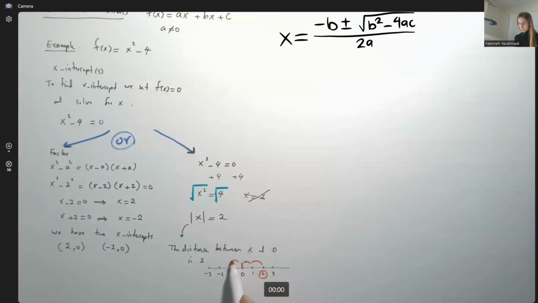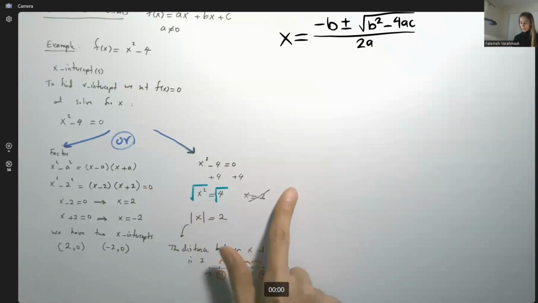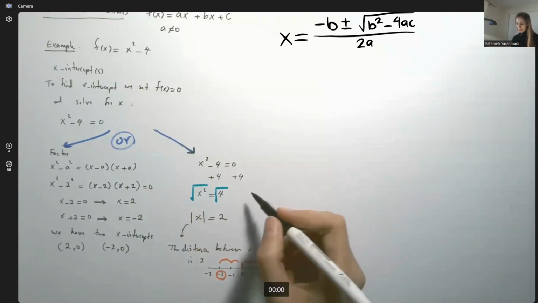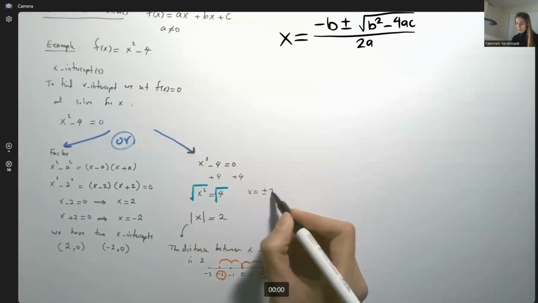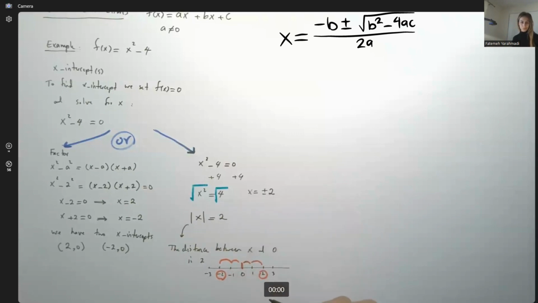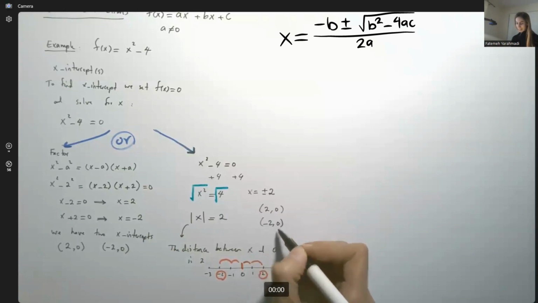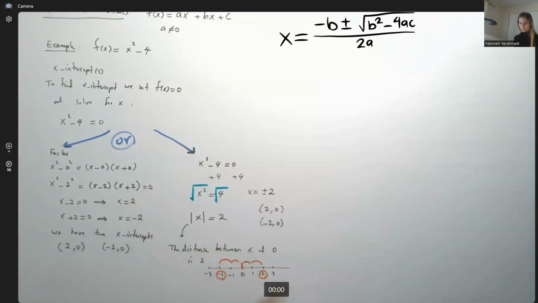But 2 units to the left gives me the second number, which is -2. So when you're solving x squared equals 4, the solution has two answers: x equals plus or minus 2. As we expected, we have two x-intercepts, (2, 0) and (-2, 0), and we proved that by the second method here.